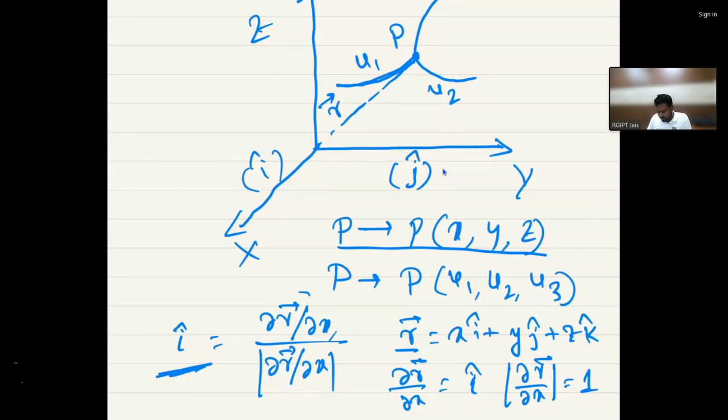If you take the unit tangent, that is the unit tangent we defined in the first class. So we can represent i cap like this: del r by del x divided by mod of del r by del x.